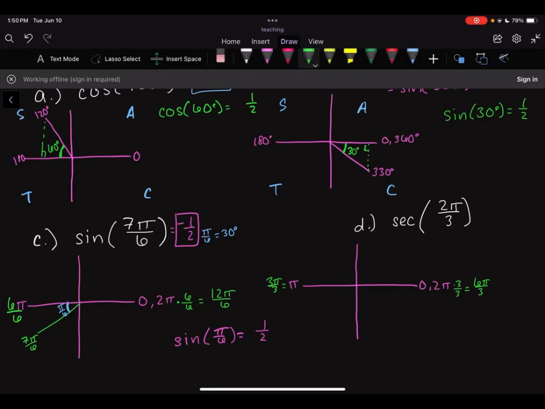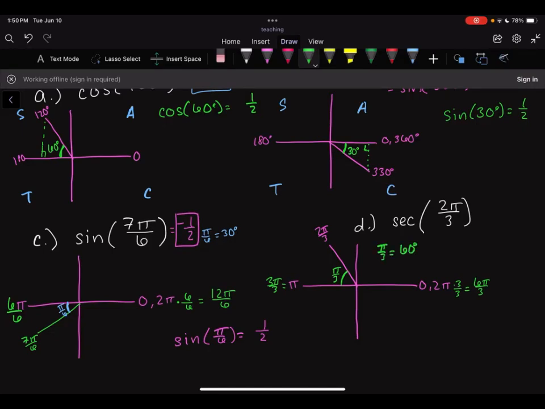It actually comes right before it. So that's going to put it in quadrant 2. The difference between these two is pi over 3. Remember that pi over 3 is the same as 60 degrees.